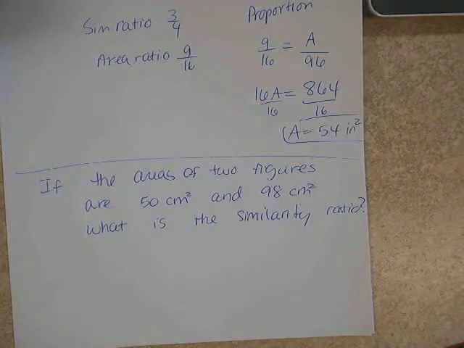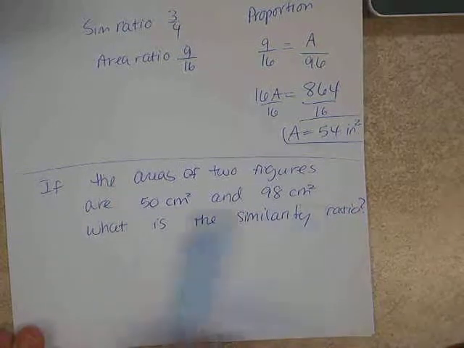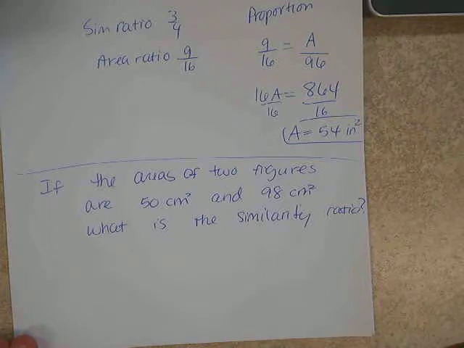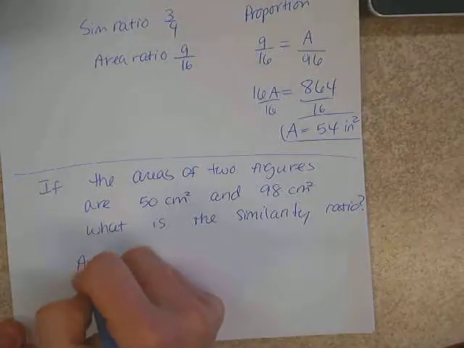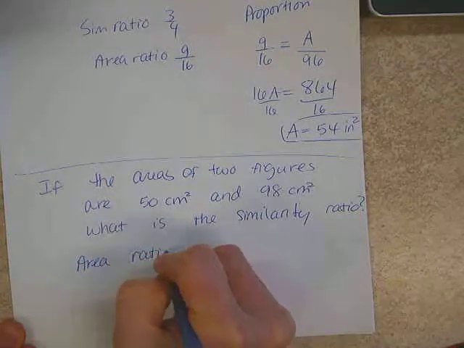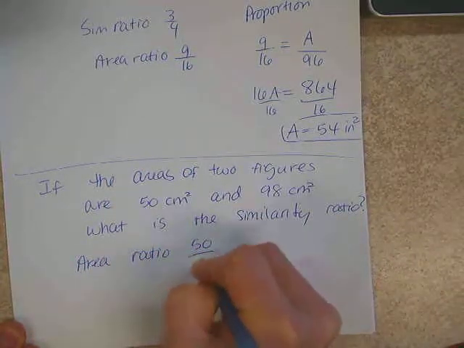Now, they could ask you for similarity or perimeter. It doesn't matter. They're the same thing. Okay? So sometimes people see what's the perimeter ratio, and they're like, how do I find the perimeter when I only have the area? You don't have to find the perimeter. Okay? You have the ratio of the areas.